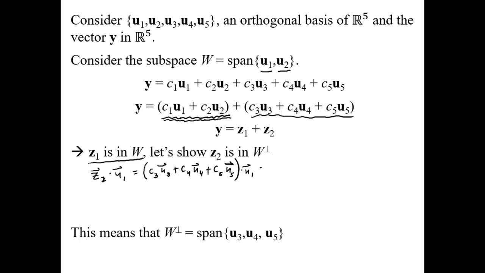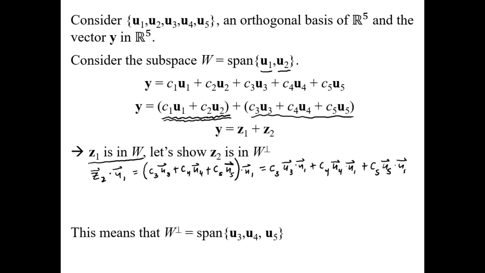If I distribute, we get C3 times U3 dot U1 plus C4 times U4 dot U1 plus C5 times U5 dot U1.